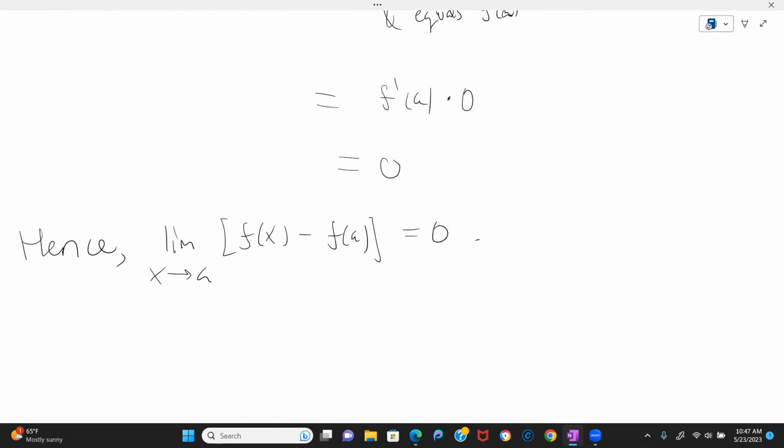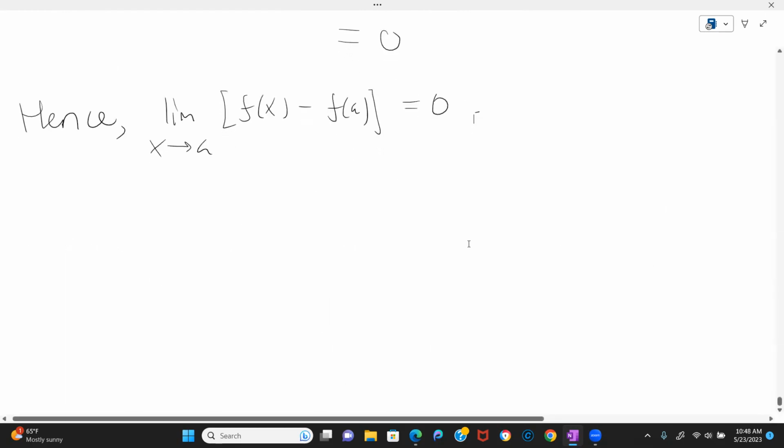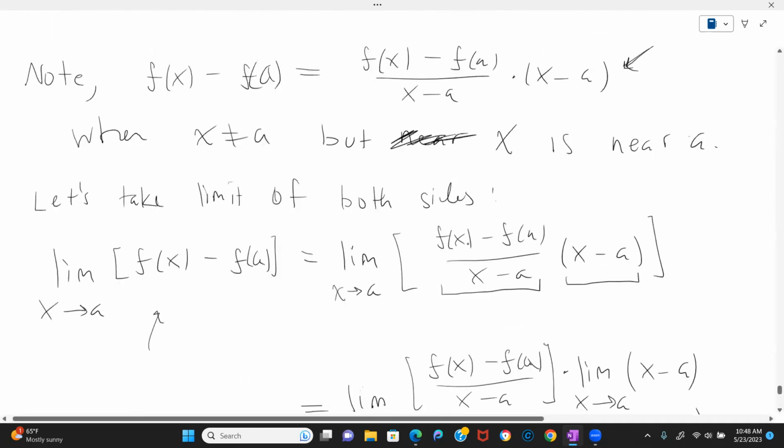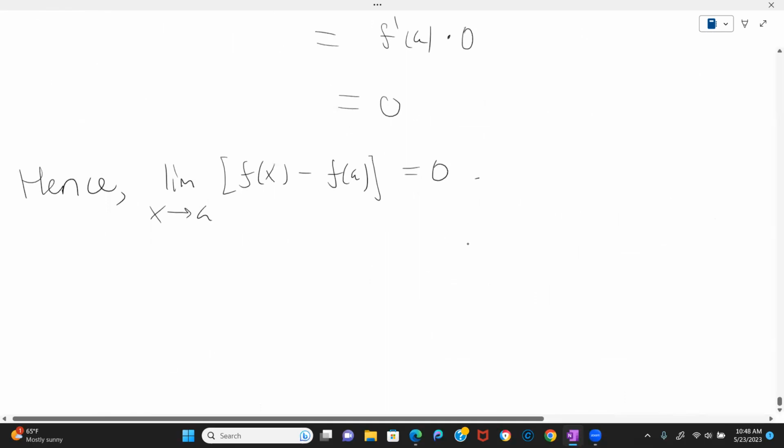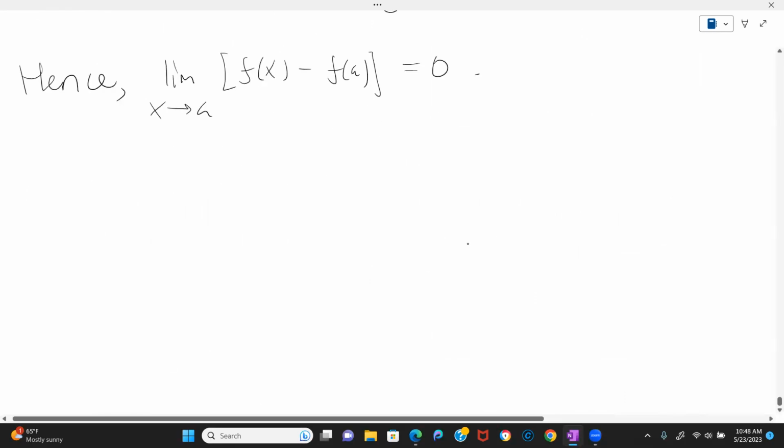Now, why does this help? Let's do this next step and we'll see how exactly it helps. Remember, what is it we're trying to show ultimately? Let's scroll back up. We're trying to show this right here. So let's start with computing this and let's add 0 in a clever way. That's a common trick in mathematics, to add 0 in a clever way and multiply by 1 in a clever way.